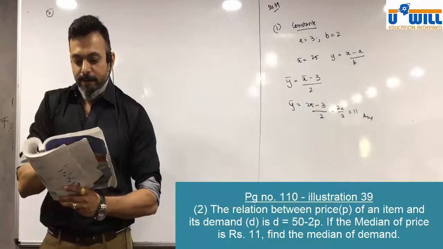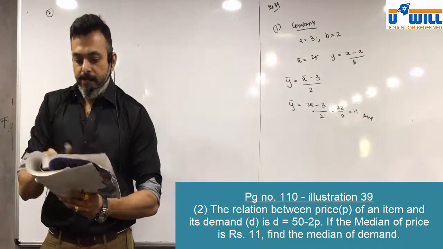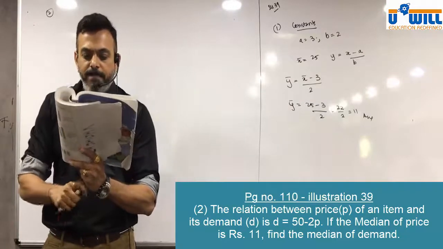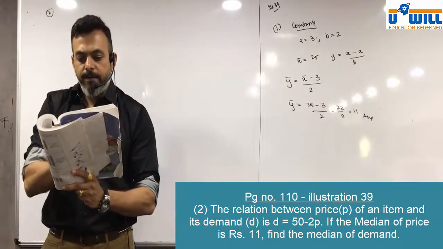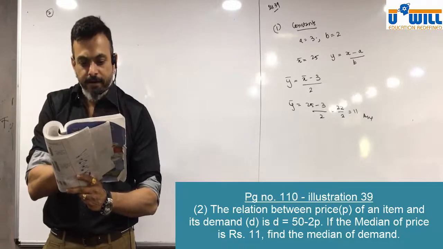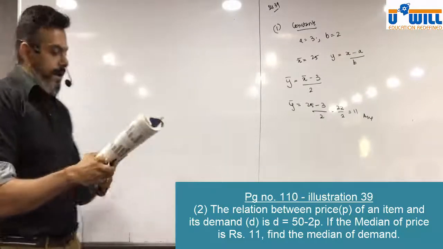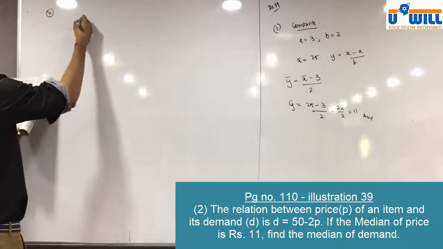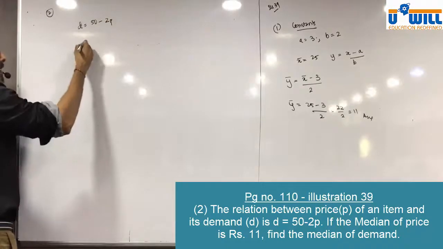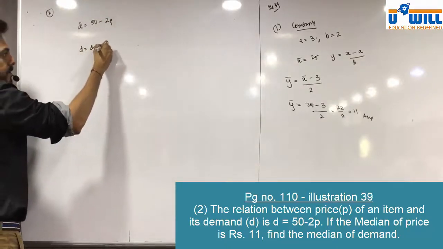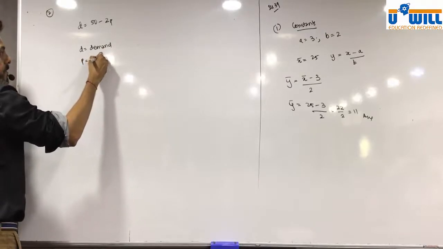The relation between price P of an item and its demand D is equal to 50 minus 2P. If the median of the price is 11, find the median of the demand. Now let's write this equation. D is equal to 50 minus 2P. D is equal to demand and P is equal to price.